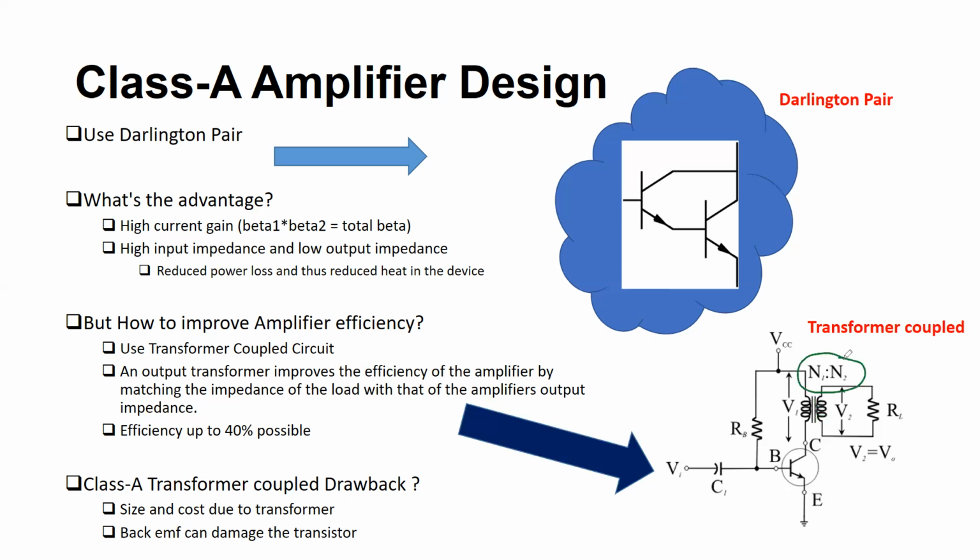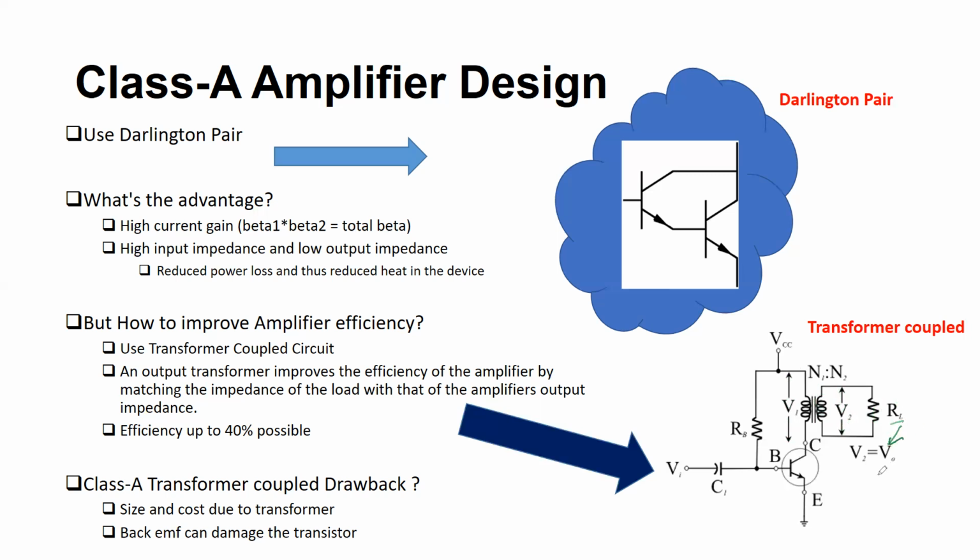This is the ratio of turns into the primary winding to the turns into the secondary winding. The voltage V1 is the voltage across the primary winding. Voltage V2 is the voltage across the secondary winding, which is also the voltage across the load, and therefore it is the output voltage.